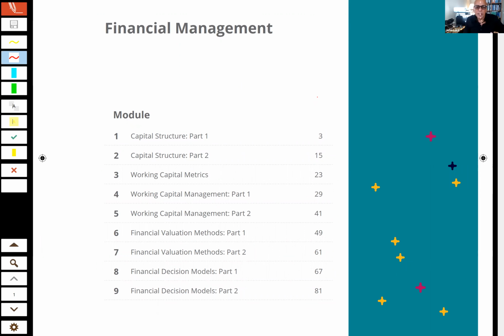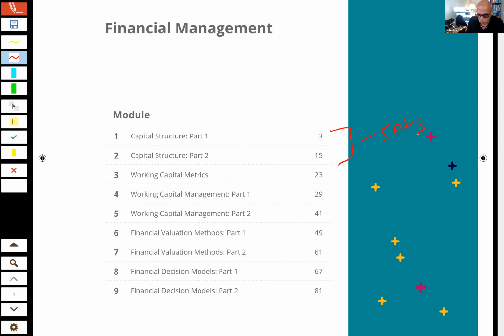You're going to see that quite a bit of what we're going to talk about is similar to things that you learned in your finance class. And so we'll talk a little bit about capital structure. Capital structure is going to be about 5 points. Again, they break these into 2 areas primarily, just to have more bite-sized modules. So I kind of put those 2 areas together as a 5-point area.